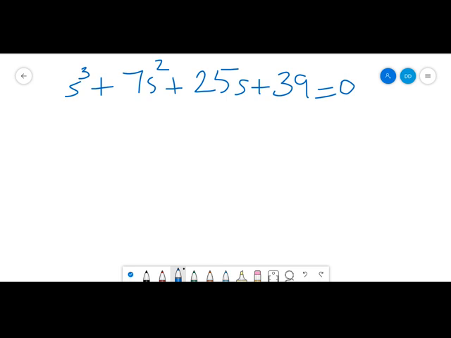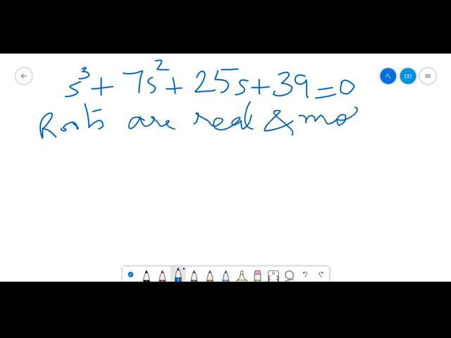So to find the relative stability, for this particular question, we will check if all the roots of this equation have real parts which are more negative than minus 1.